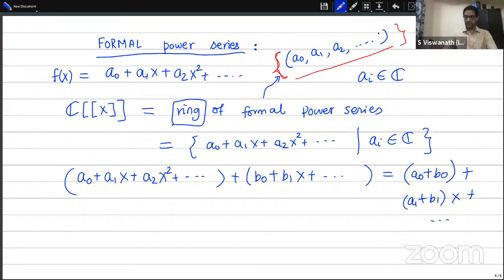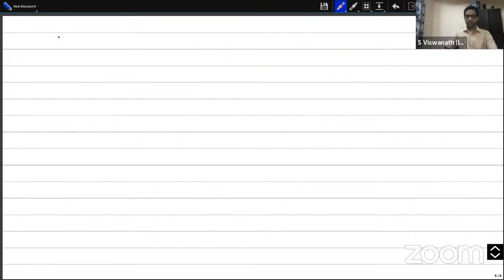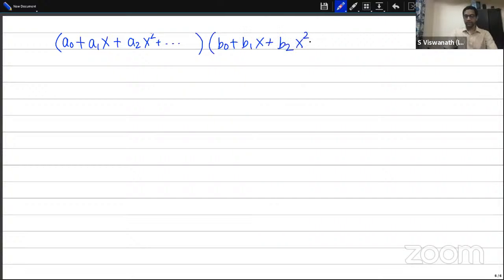Okay, but the real thing is with multiplication. That's the key point somehow. A0 plus A1x plus A2x square and so on. You define multiplication of two formal power series, again, the way you would define multiplication for polynomials, for example, which is to say the constant term is A0, B0.